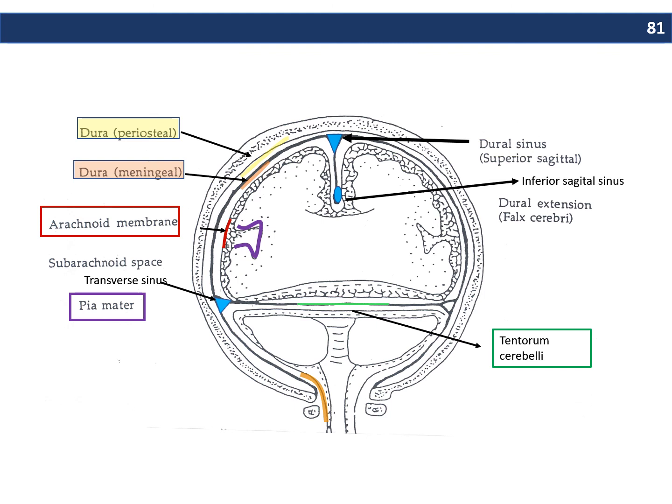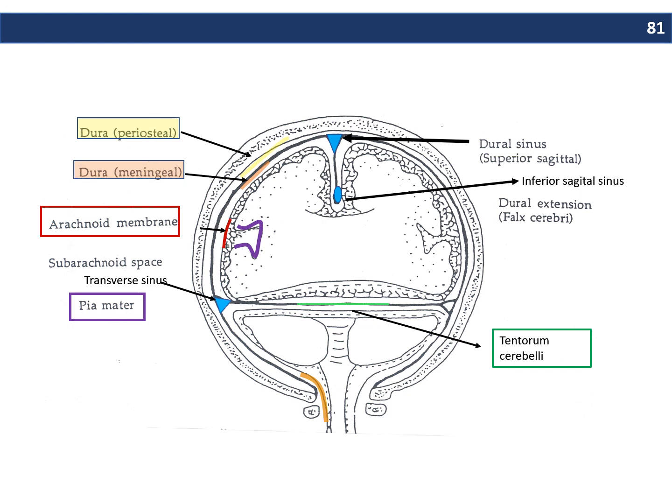So when you've seen the dura, we've talked about the meningeal dura, and you've seen the meningeal dura in the lab at this point, accompanying the spinal cord or surrounding the spinal cord.